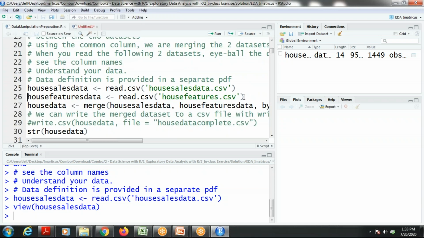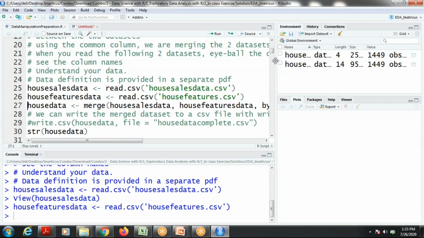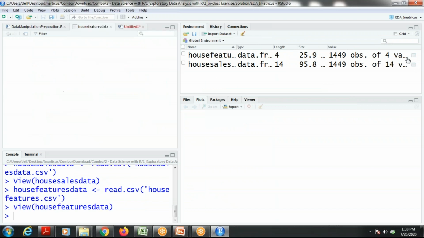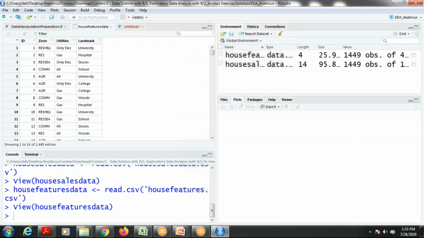Then the other is the house feature data, and this is how it looks. This house feature data has these variables: ID of the house, zone, in which zone it is, utilities, what kind, like gas, electricity, etc., and landmark.